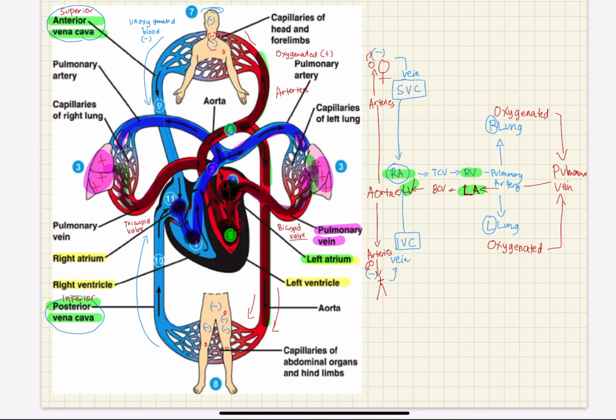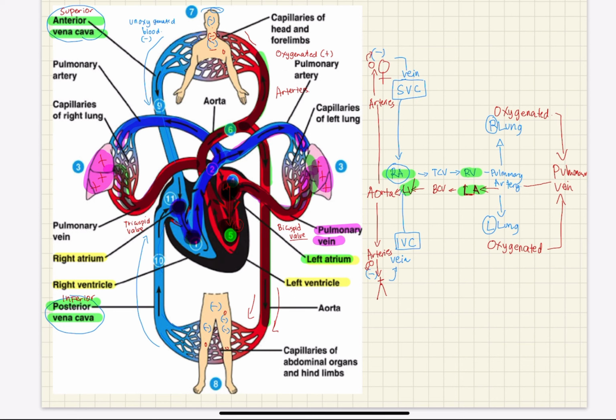Okay. Now, when the heart contracts, the atria of the heart will push the blood from the right atrium going to the right ventricle, passing the tricuspid valve. So, from the right atrium, dadaan sa tricuspid valve going to the right ventricle.